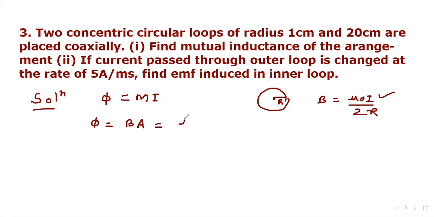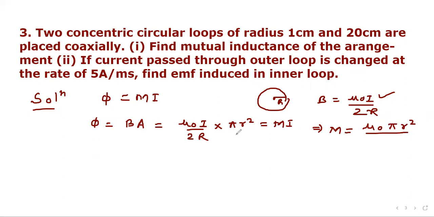So B is mu naught I divided by twice of R times area pi r square, equal to M I. Now our purpose is to get M, so M equals mu naught times pi r square divided by twice of capital R.